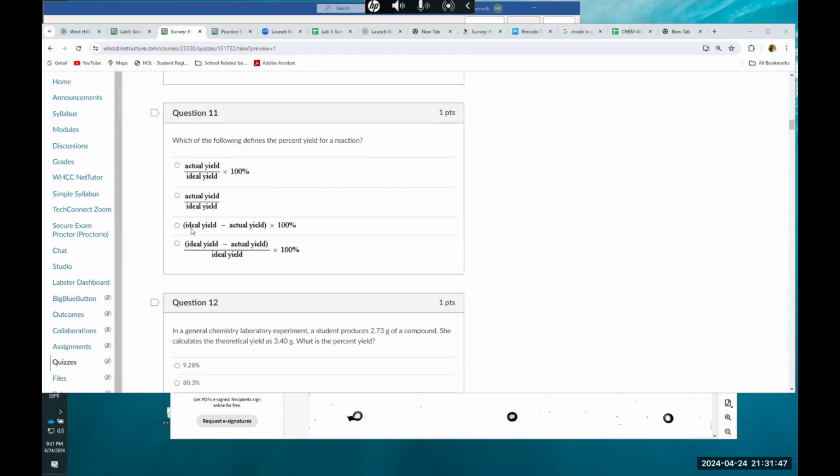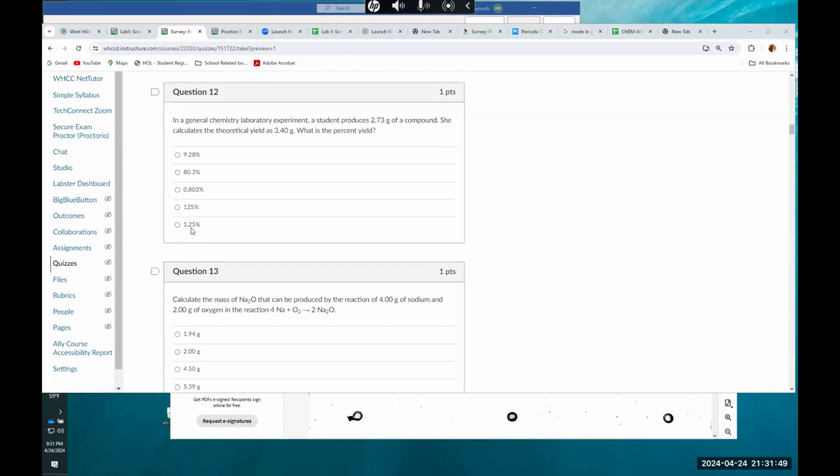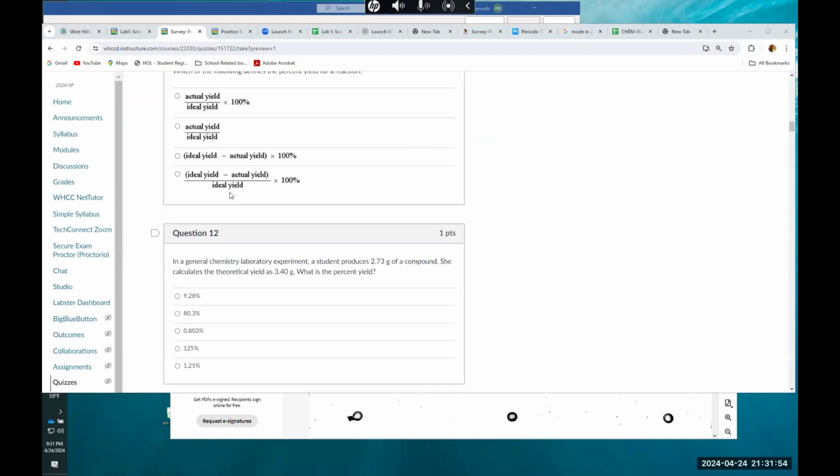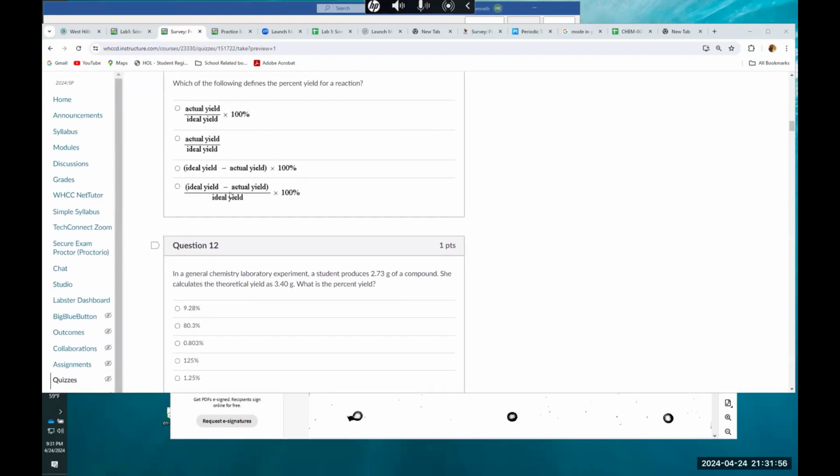Okay, so we're talking about that chem student. Questions are back to back, so you just use that formula. My actual is what I got in that experiment, so that's 2.73 grams.